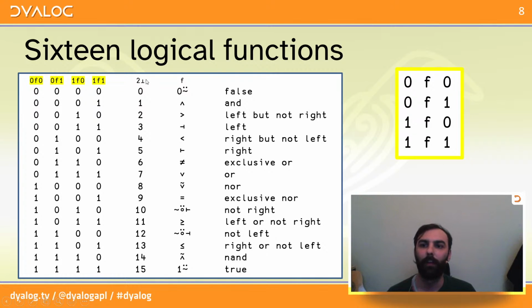If you take all the 4 possibilities of 2-bit inputs to a logic gate or a logical function, then there are 16 distinct signatures for all the possible outputs. So on the left here we have all those outputs. In the next column is just the decimal representation of these Boolean vectors for each row.